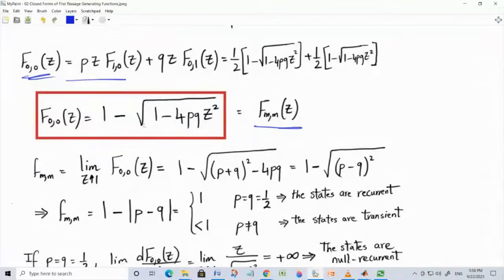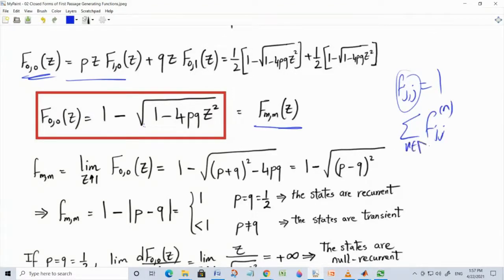Okay, so how do we classify things based on the F probabilities? This is how I explained things when we talked about the classification of the states of a discrete time Markov chain. I said that if Fjj is 1, then the state is recurrent, and if Fjj is strictly less than 1, then the state is transient. Fjj is the summation of Fjj of n.